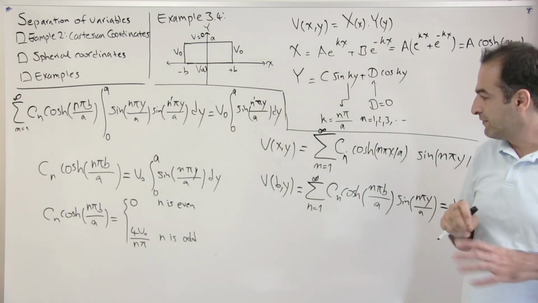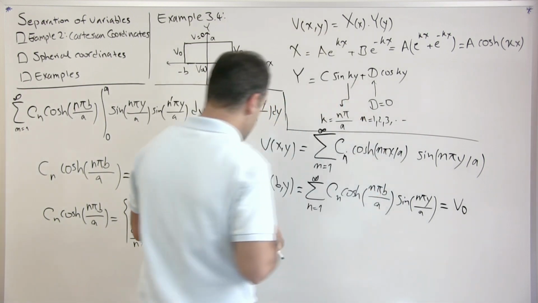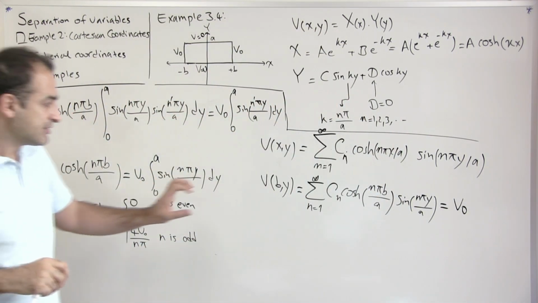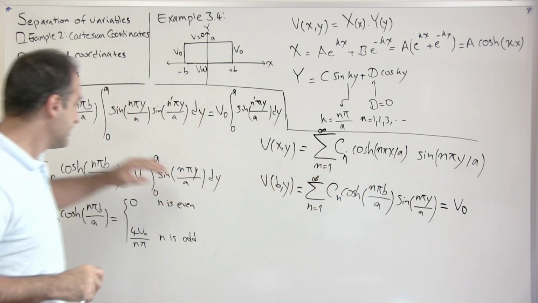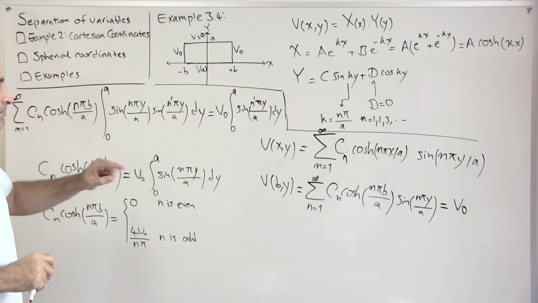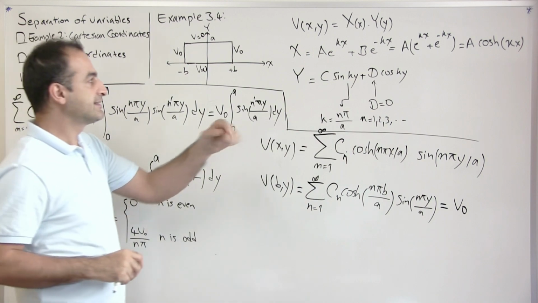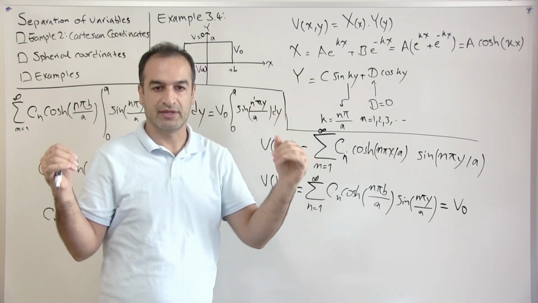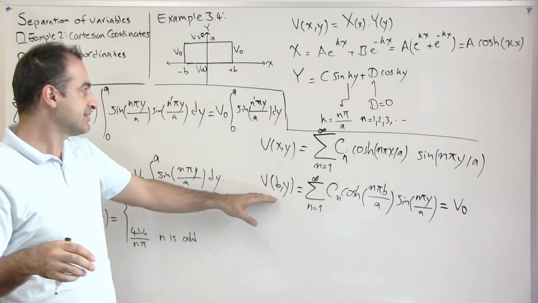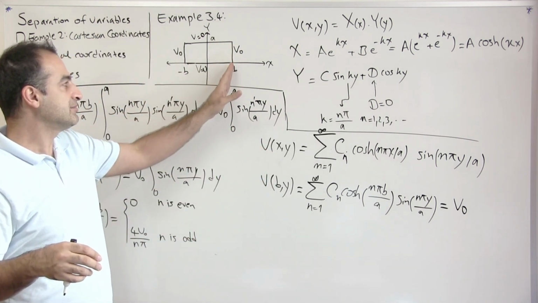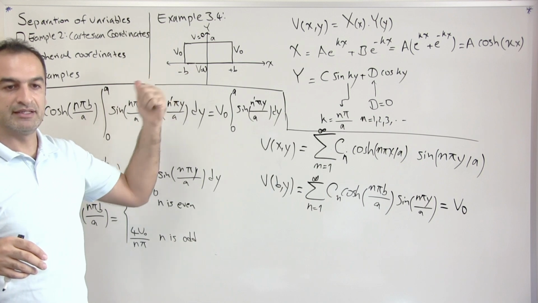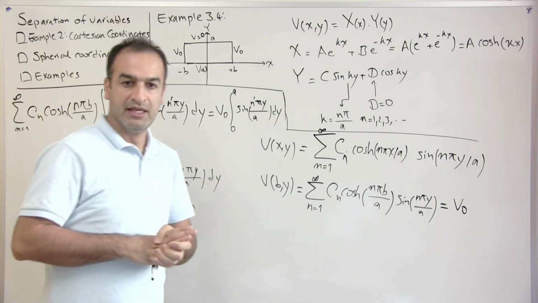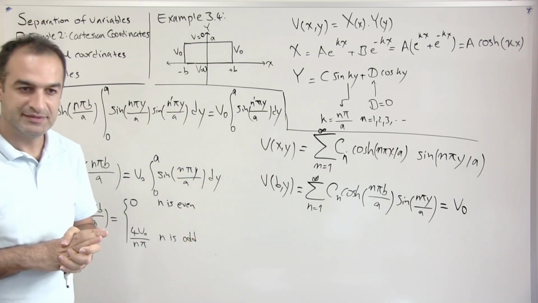If you look carefully at what I did, I only looked at the boundary condition at plus b, not negative b. I only looked at the plus b and tried to meet that one, but I had already set the x function in a way that is even with respect to x. So I'm confident if it meets the boundary condition at plus b, it's going to meet the boundary condition at negative b as well because it's symmetric. Okay, is it clear so far?